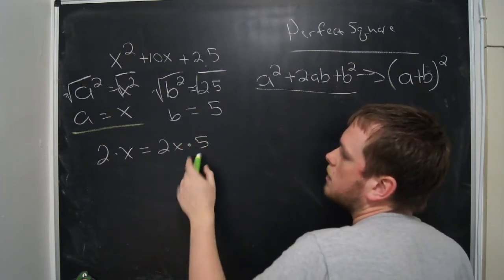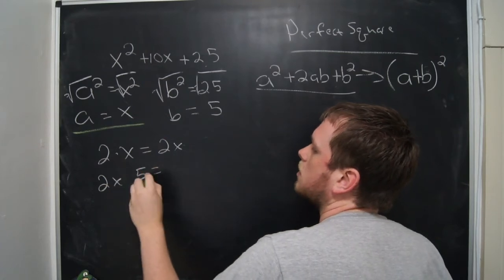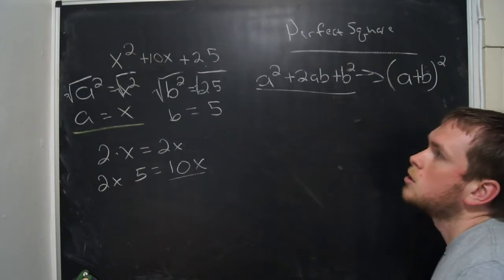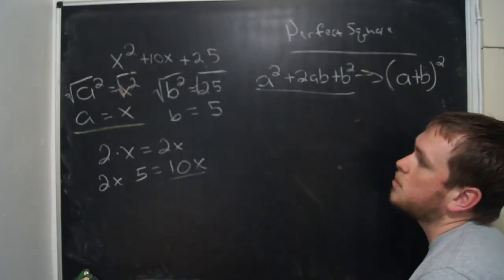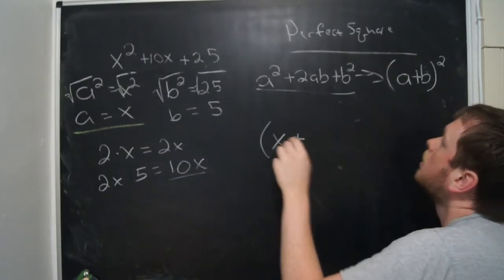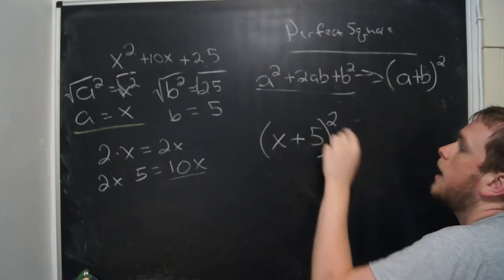Okay, and let me do this down here. 2x times 5 is equal to 10x, which is this. So we've shown that our middle term is in the form of 2ab. Well, we already said a is x, b is 5, so we have x plus 5 squared.